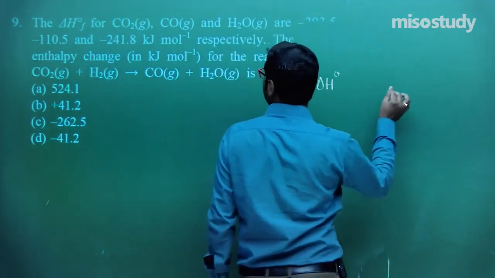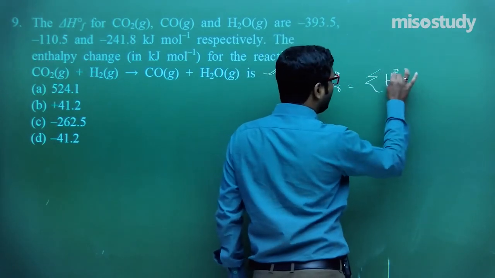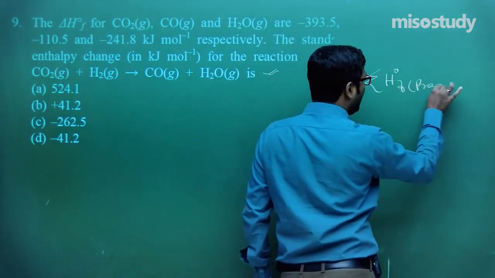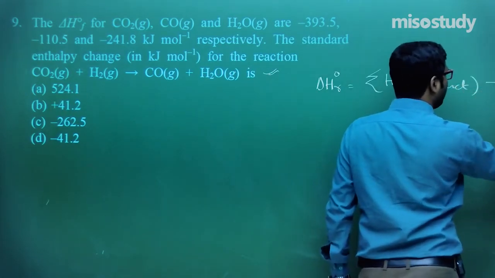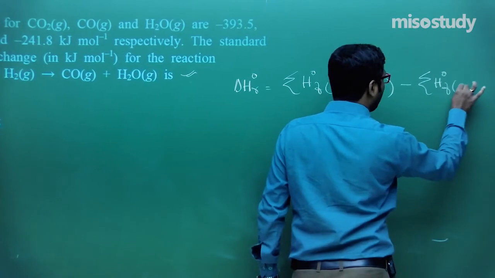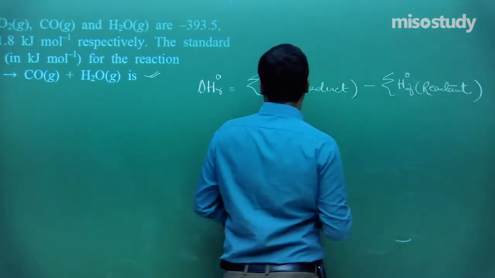Standard enthalpy of the reaction is equal to the summation of heat of formation of products minus the summation of heat of formation of reactants. Clear? Now put the values.